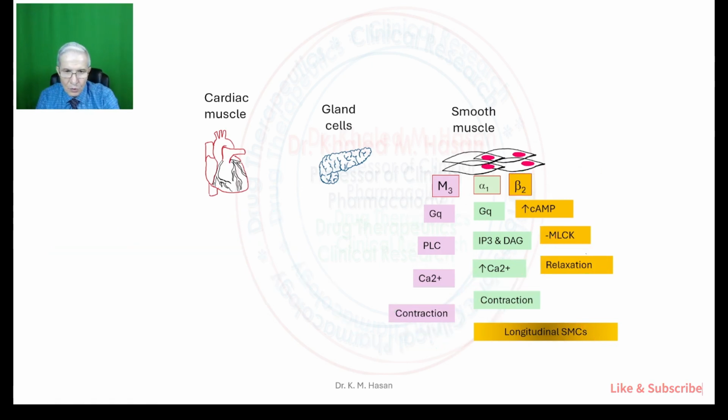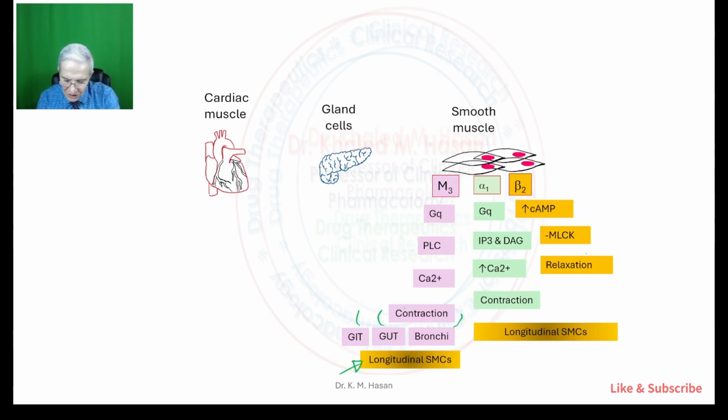Someone may ask, where is the location of these smooth muscles? We have some examples for that. You can see here the smooth muscles available in the gastrointestinal system, the genitourinary system, and the bronchi or the lung. And what type of smooth muscle will be activated?